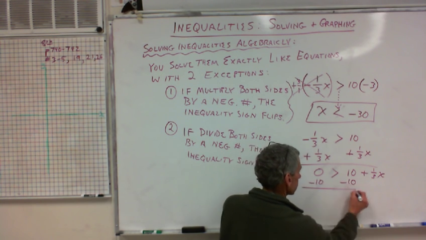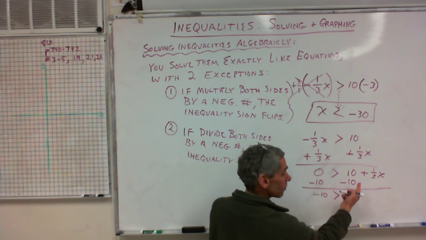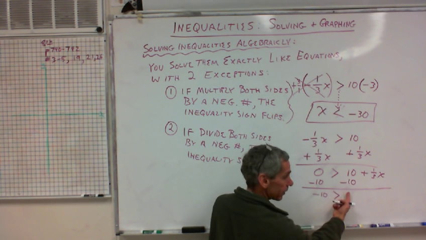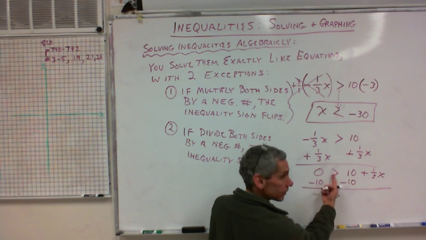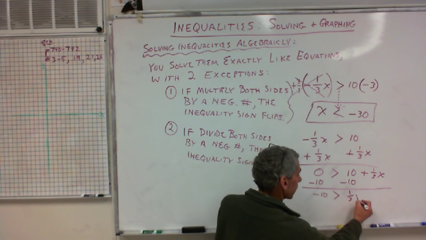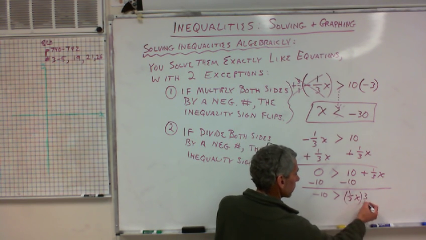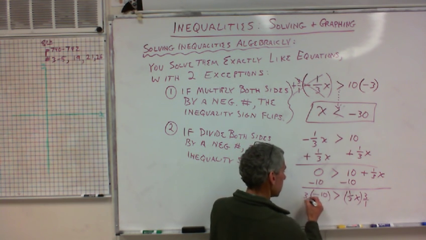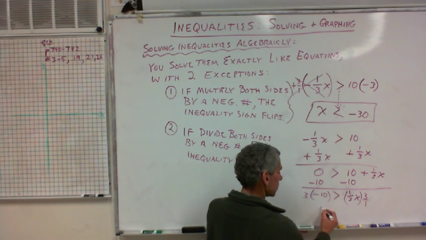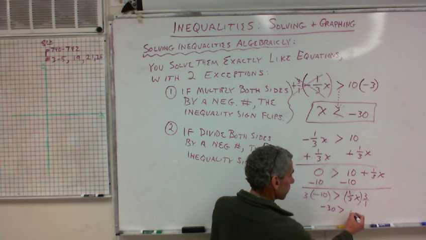So I have negative 10 is greater than 1/3 x. I didn't multiply or divide, so I'm only adding and subtracting. The sign stays the same. Oh, well, I can multiply this times 3 over 1, and that becomes 1x. Multiply this times 3. So all I have really is negative 30 is greater than x.